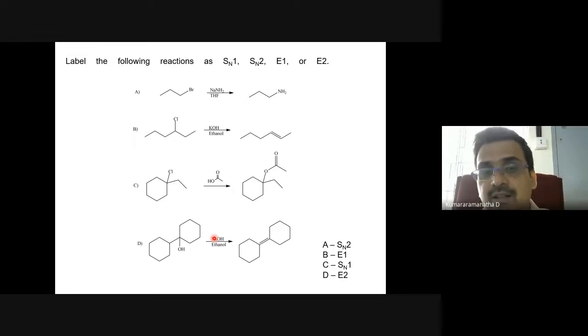That is a major thing which drives whether it's E1 or E2. In the case of B it is very straightforward, but for D you should look at regioselectivity and steric hindrance, the tertiary carbon.